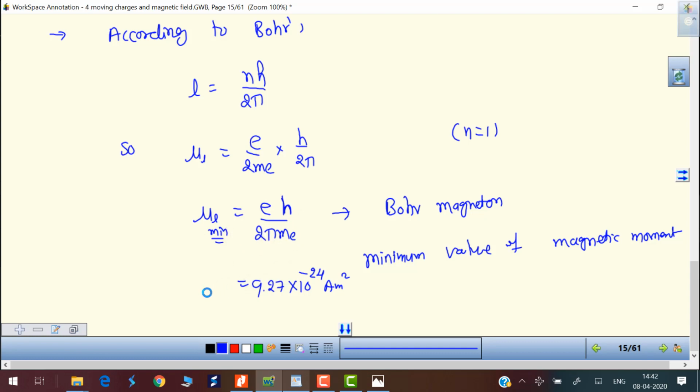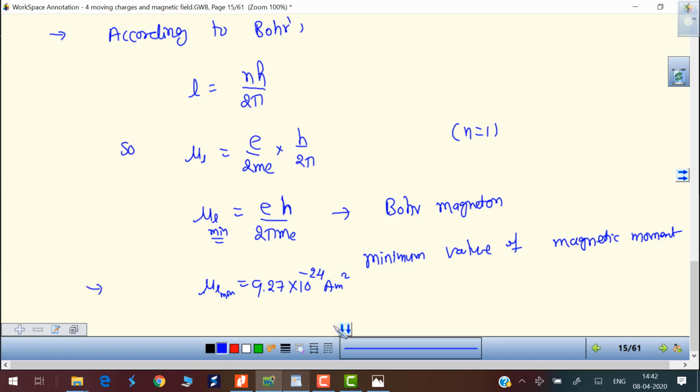This magnetic moment is due to the orbital motion of the electron. But we know the electron also has spin motion.